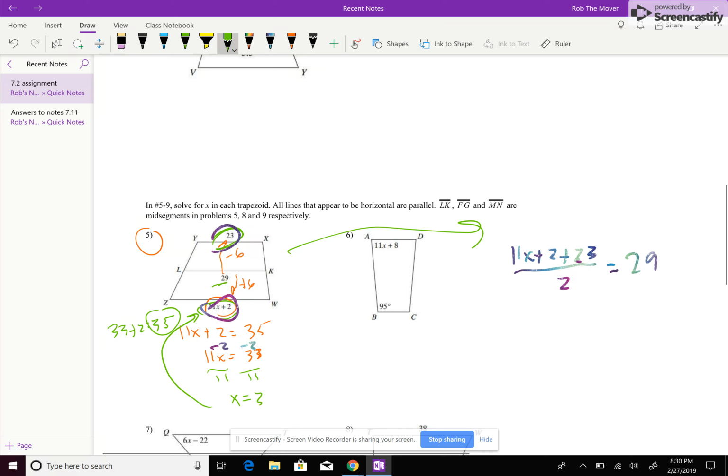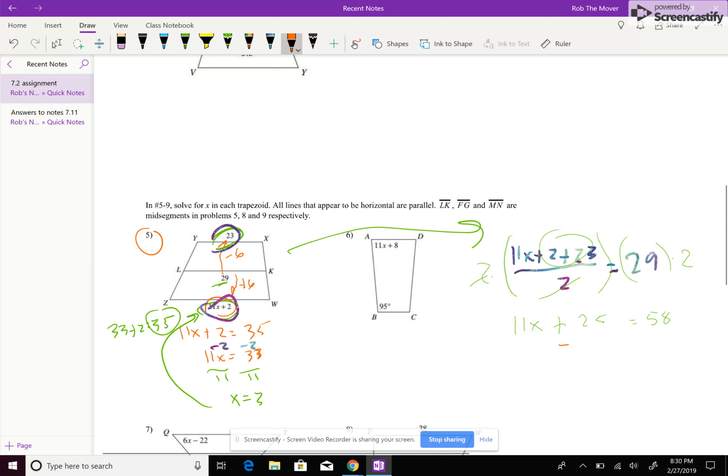Because we may need to be able to do this later. Well, the easiest way to solve when we have a fraction like that is to multiply by the LCD if you have two fractions, but here we just multiply by the 2 and it gets rid of it on the left, and we get 58 on the right. On the left we get that expression on top, 11x plus 2 plus 23. I'm going to go ahead and add the 2 plus the 23. You get 25.